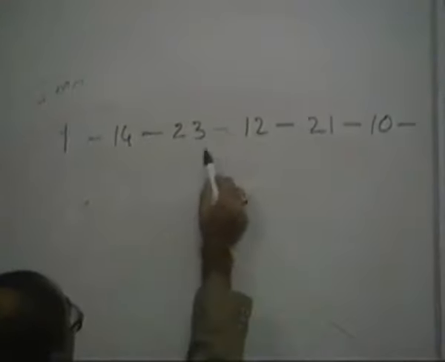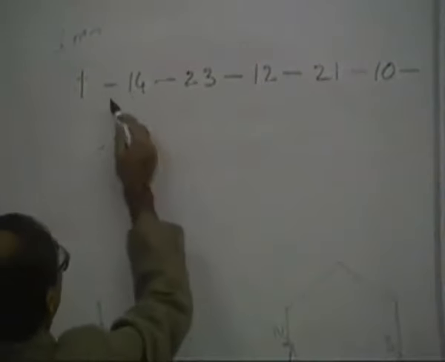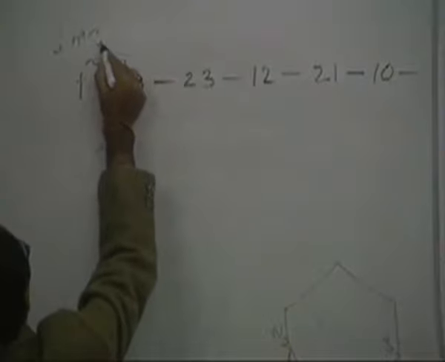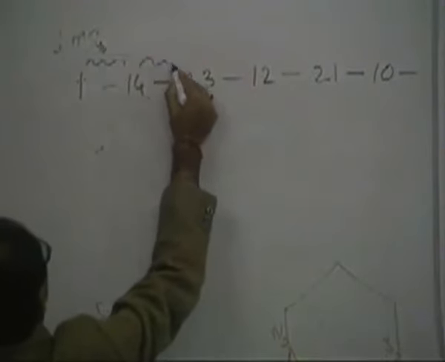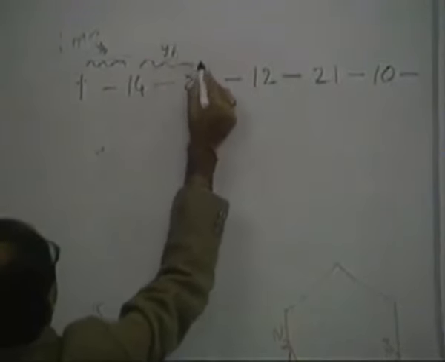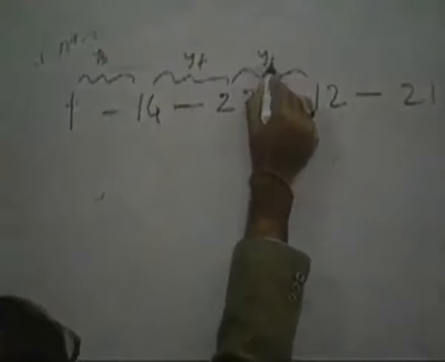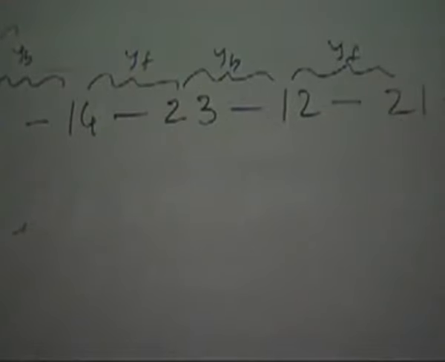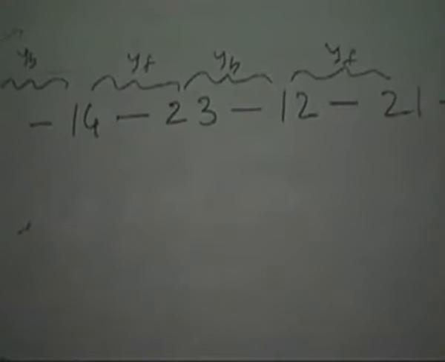It will go like this. So, that means 1 to 14 will be the back pitch, then 14 to 23 will be the front pitch, then again the back pitch, then the front pitch, like this.